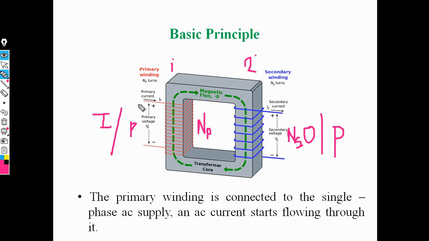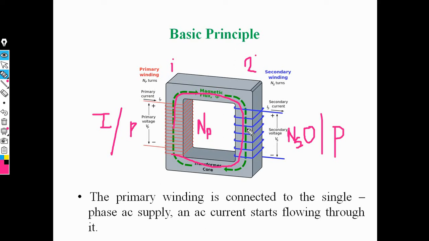flux is produced by the primary winding, and this magnetic flux passes from the primary side to the secondary side. Okay, then this primary side flux is linking with the secondary side.